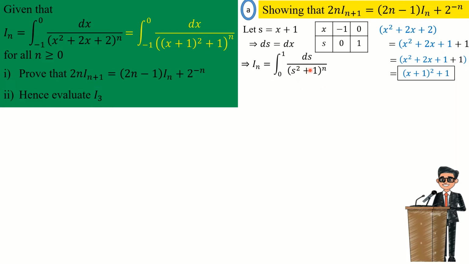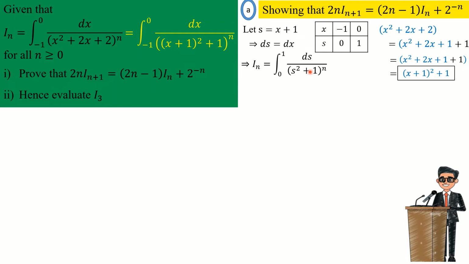For me to do anything here, because generally with reduction formulae we use integration by parts, that's what we use generally. But it depends on how your proof is structured. Here you have 2n In+1, so in your proof you have a relationship between In+1 and In. When you come to your integrand, you need a u and a dv when doing integration by parts.